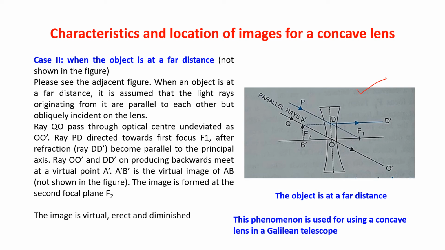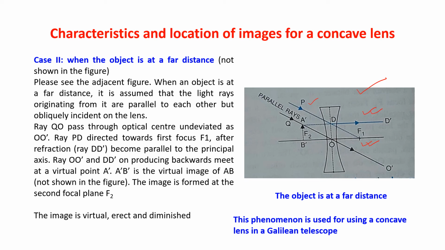So here we have taken two rays. One is PD. That ray PD appears to come from, directed towards, the first focus F1. That ray PD, after refraction, becomes parallel to the principal axis, and the path of the ray is DD dash.